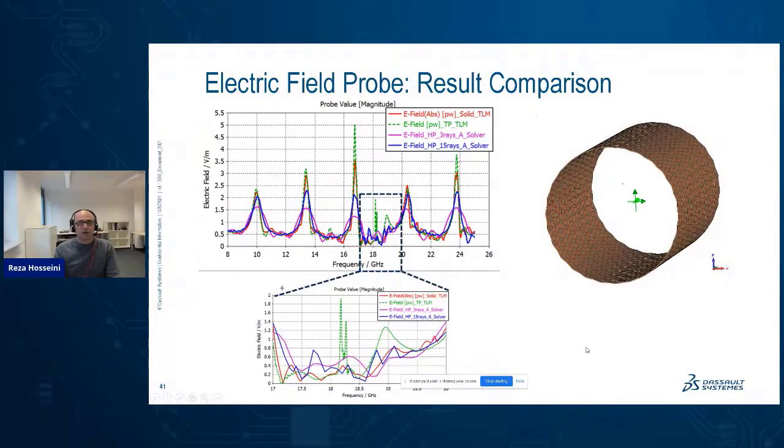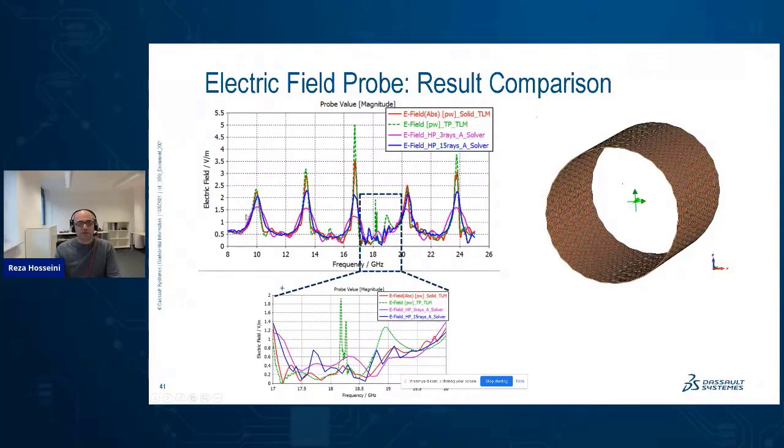To go a bit deeper, I used an electric field probe at the center of the cylinder to monitor the electric field behavior over the frequency range of interest and compare between the different methods.